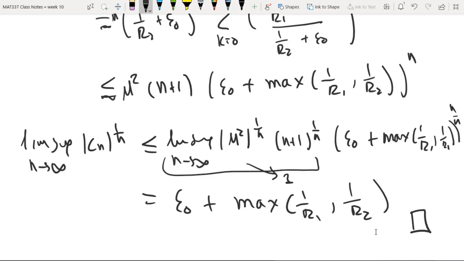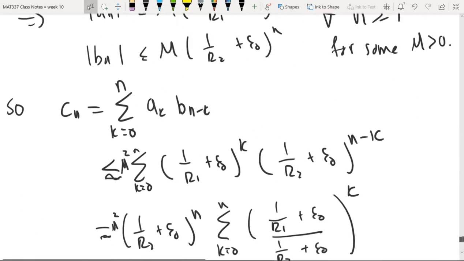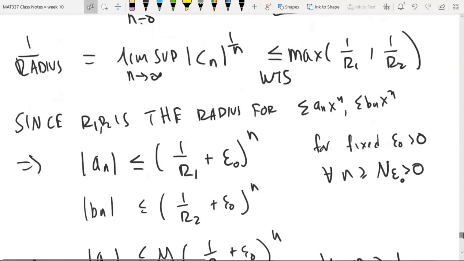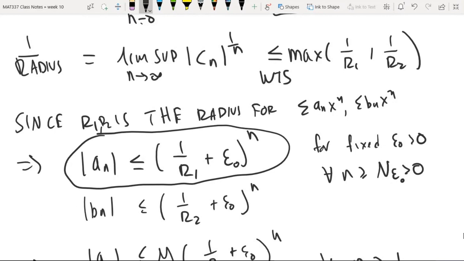Oh, we have questions. Good. Is it because of alpha being the lim sup? Yes, exactly. So the thing we used here, we used that lim sup of a_n to the 1 over n is equal to 1 over R1.